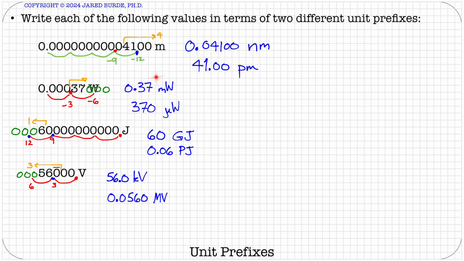You can move your decimal point to either side of those significant digits to have a larger number of a smaller unit or a smaller number of a larger unit. A lot of times for a specific application, you will have a preferred unit prefix that's just used by convention.